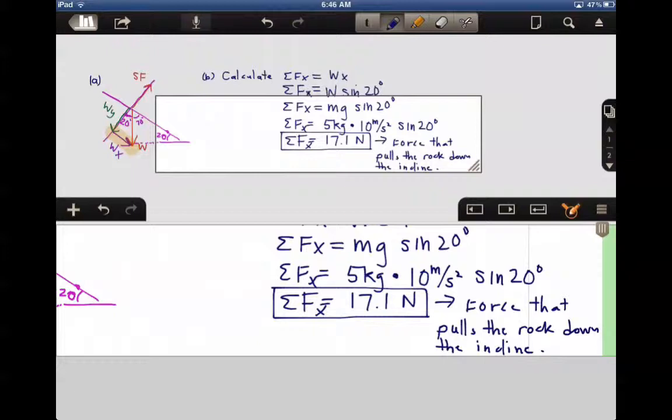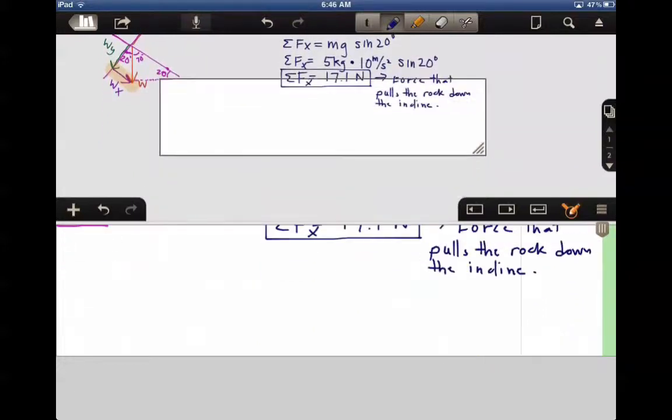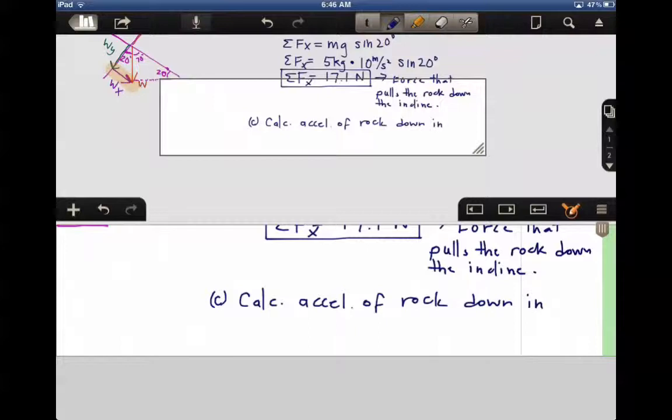In part D, you're asked to calculate the acceleration from that force. This is pretty straightforward. Calculate the acceleration of the rock down the incline. Remember, if we know a force on an object and we know a mass, we can calculate the resulting acceleration. So really what I'm asking for here is AX.